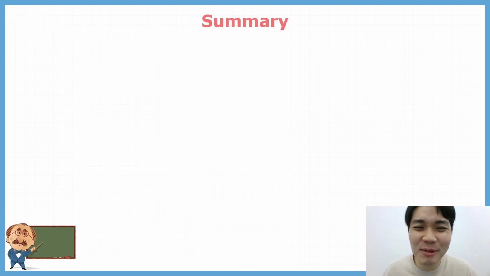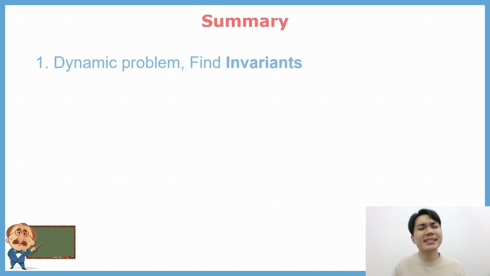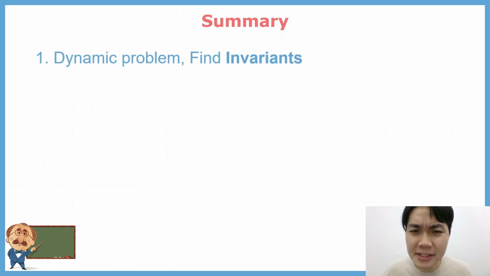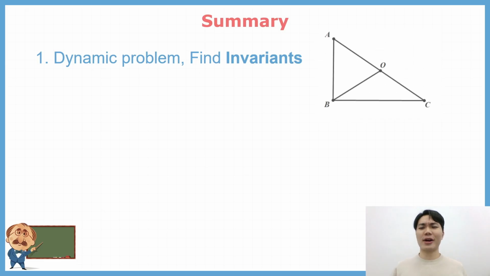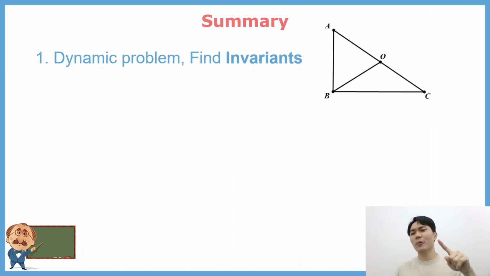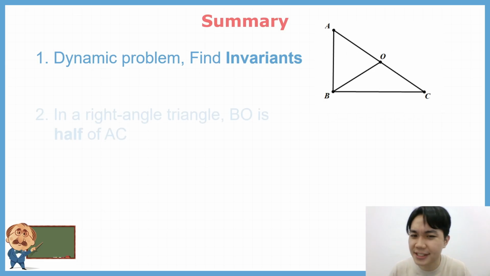So let's summarize what we've learned. Firstly, if I have a dynamic problem, these kinds of values are always changing. I need to find some things that are fixed, known as invariants. Some invariants that we've learned today: if we have a right angle triangle ABC here, then BO will be half of AC.